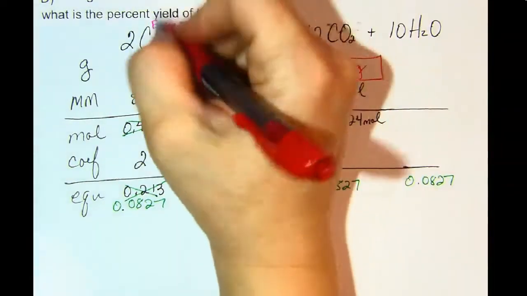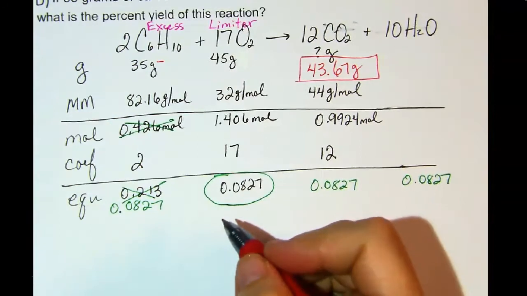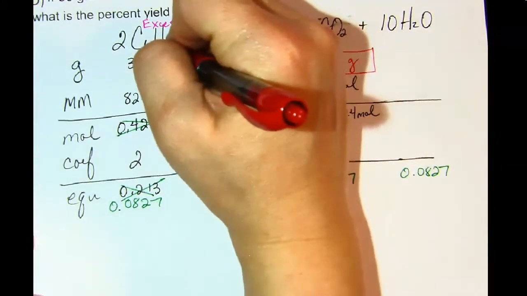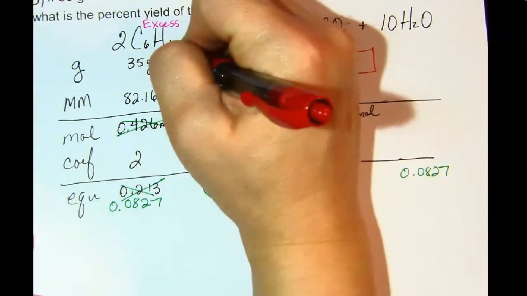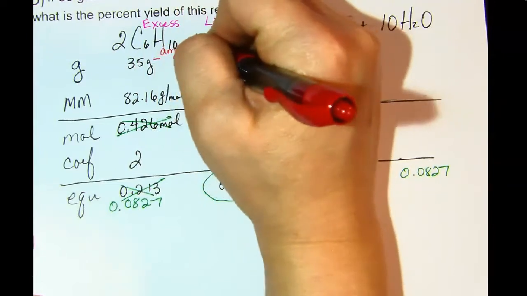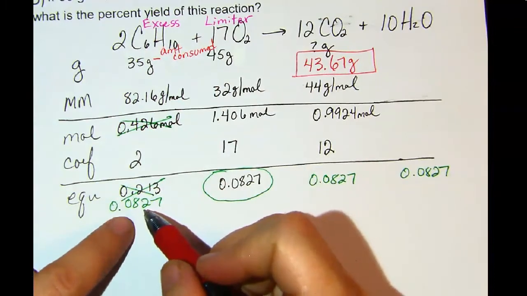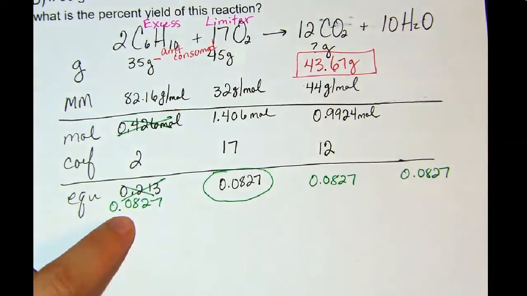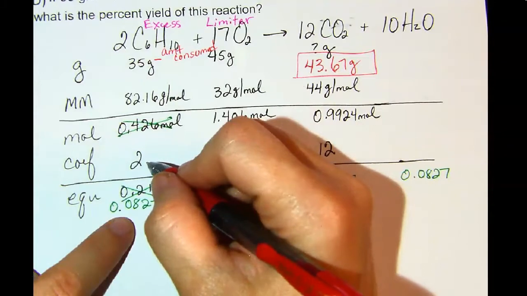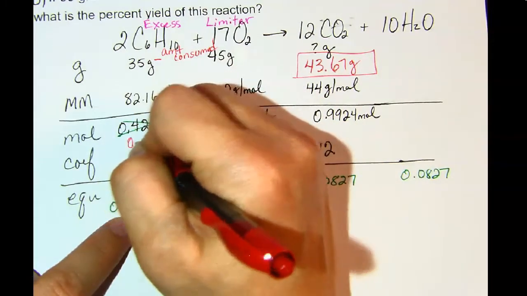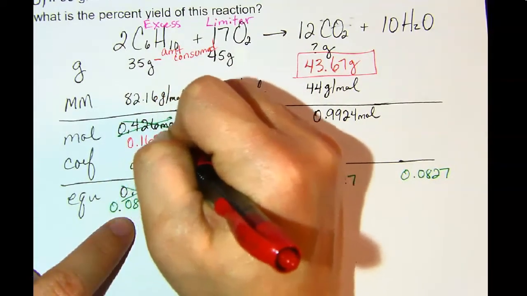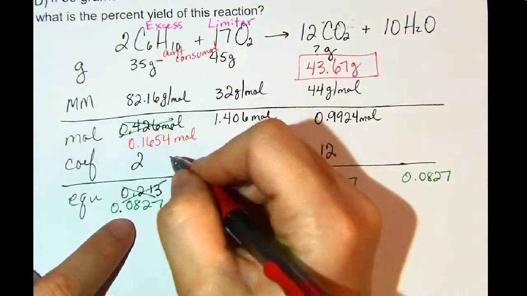So I'm going to put a little subtraction sign here, because what I need to know is the amount consumed of C6H10. And so to figure that out, I'm going to use this 0.0827, multiply it times the coefficient, and I'm going to get the true amount of moles, 0.1654, and that's how many moles we consume.